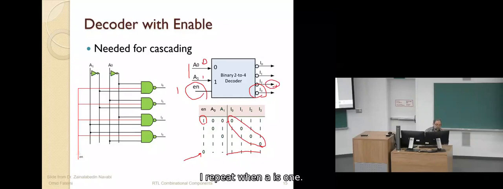So again, I repeat, when enable is 1, I mean enable is active, then the design works as before and the circuit decodes. But when enable is 0, the decoder doesn't work. It doesn't decode. The output is 1. It means that it didn't decode. Okay? Follow me? Questions? Okay. Now let's have another observation here.